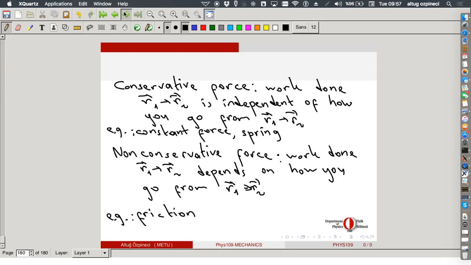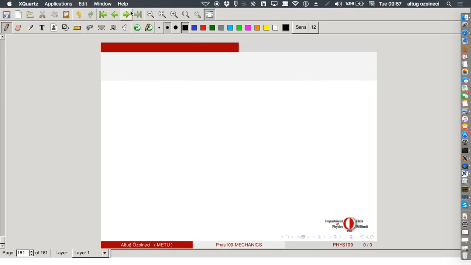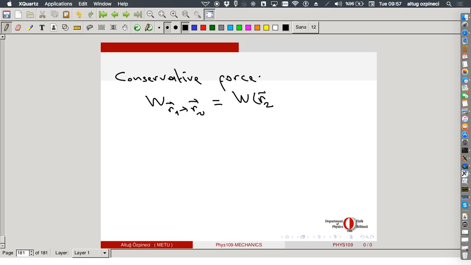You see, if we have a conservative force, in this case, the work done as you go from point R1 to point R2, we had already seen that this is equal to some function of R2, let me just change the notation, minus u of R2 plus u of R1.